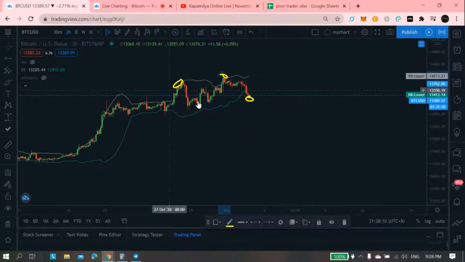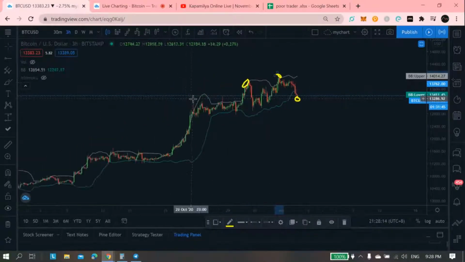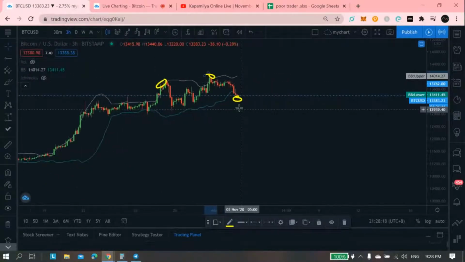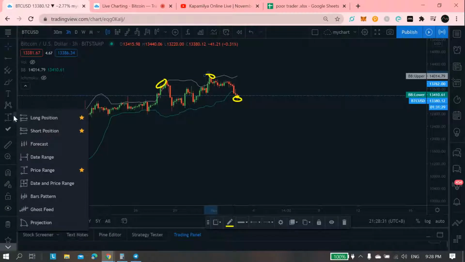So that, of course, the reward is higher than the risk. So for this one, yeah, possibly I can go long and wait until this area, the 13,800 area. Normally, I measure the risk reward.